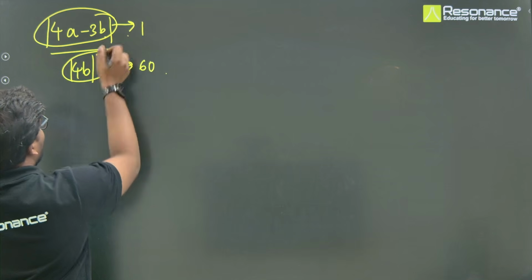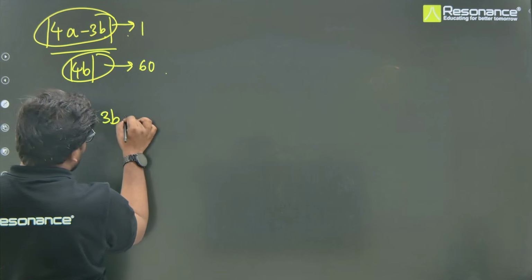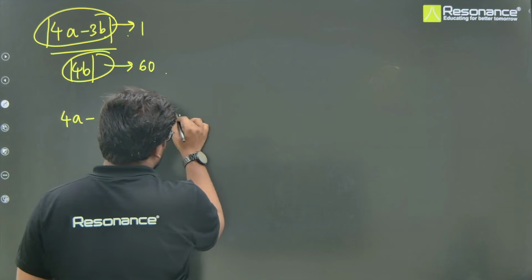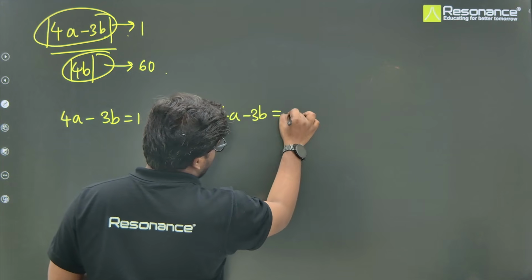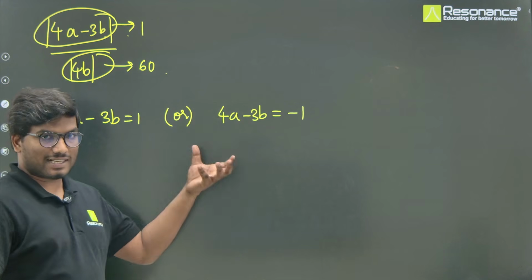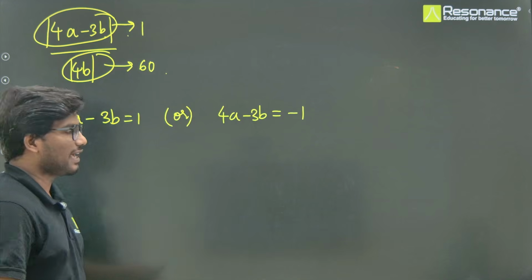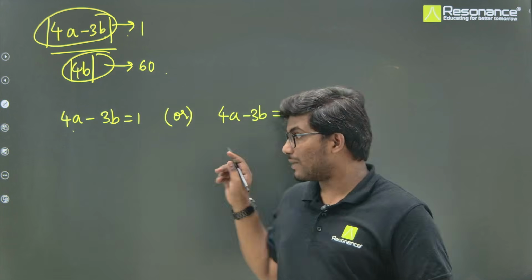So for this to be 1, if we remove the modulus, it becomes 4a minus 3b equals 1, or 4a minus 3b equals minus 1, right? When we remove the modulus, since mod x equal to k means x is plus or minus k, 4a minus 3b is 1 or 4a minus 3b is minus 1.